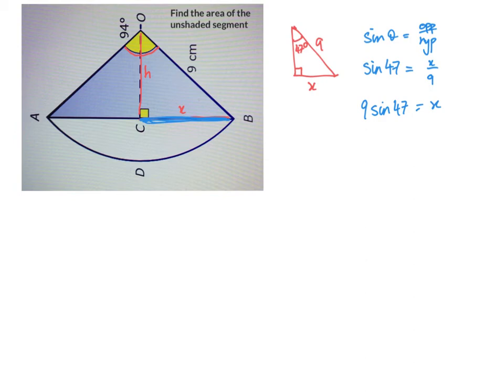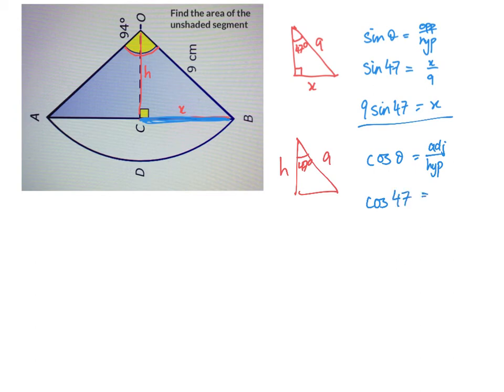Likewise, if we want to find the height of that triangle, h, it's the same sort of process, but we're going to use cosine because cosine theta is adjacent over hypotenuse. Now again, if you don't quite remember all that, don't worry. It's this last line that is going to help you today. So let's fill that in. Cosine of 47 degrees is the adjacent, whatever we're calling that, the height, over 9.